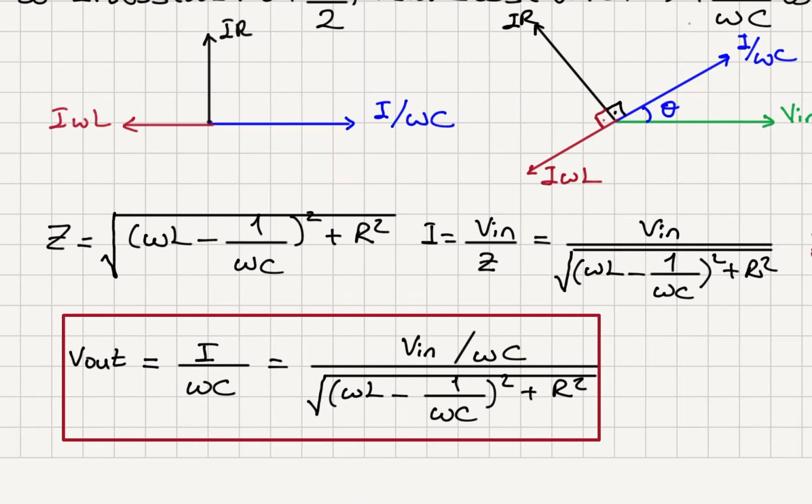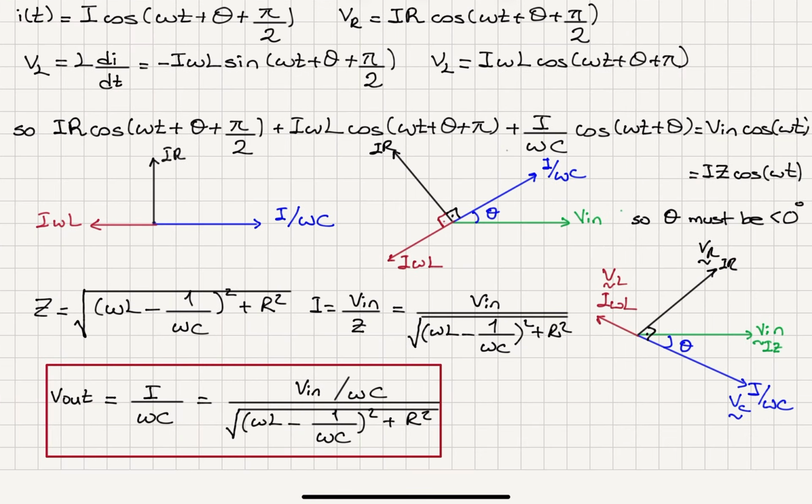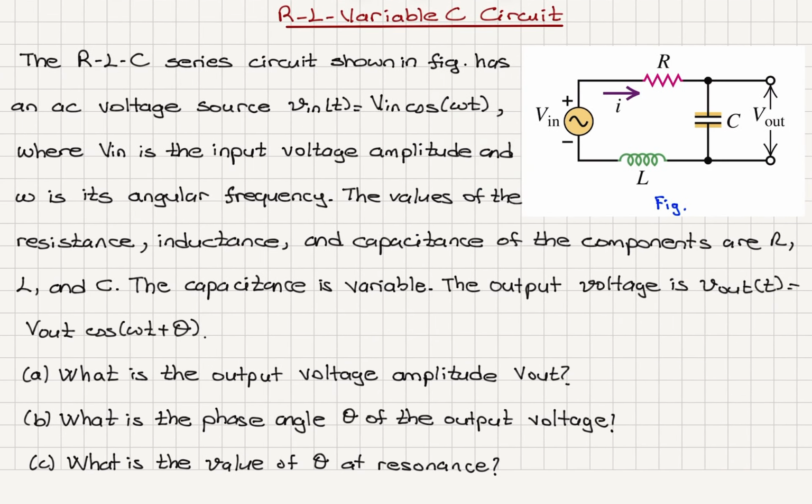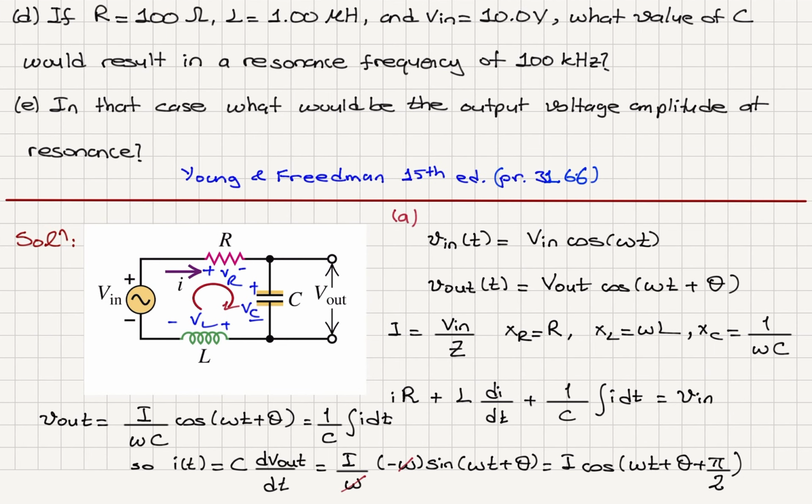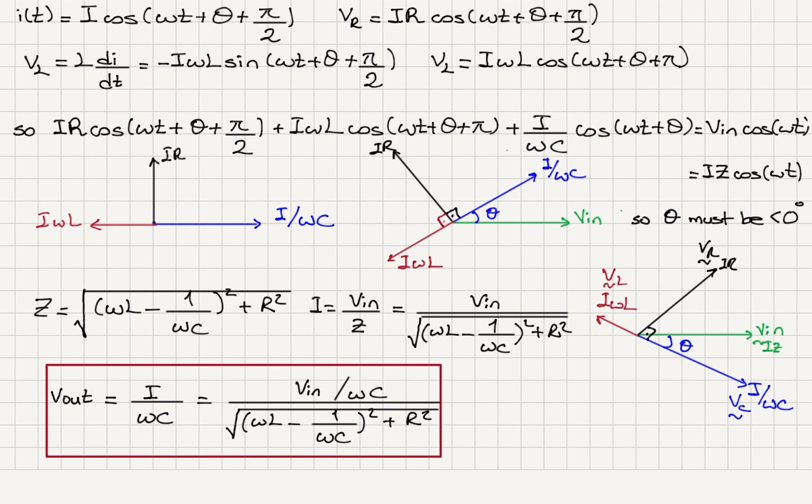So that's the answer we're looking for in part A of the problem. What is the output voltage amplitude? What is the phase angle theta of the output voltage? Now, as you can see in this phasor diagram, I have found out that this angle theta must be negative, and tangent of this angle will be given by the resistive reactance XR divided by XC minus XL.